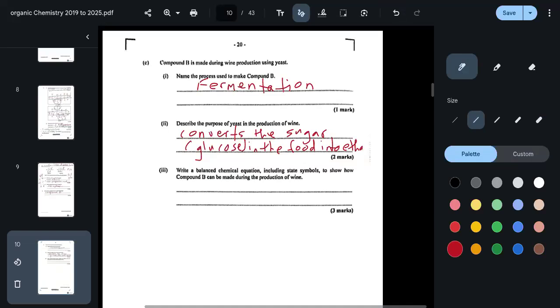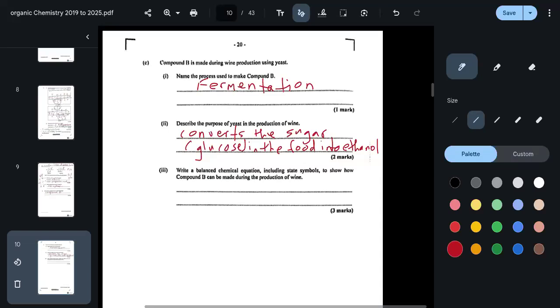Into ethanol. So when we're making wine, basically the key product is ethanol, which is the alcohol. So whatever sugar is present in the foods that you use, it must contain carbohydrate, right? So we're converting the sugars in the food into ethanol. Well, not we, the yeast, right?